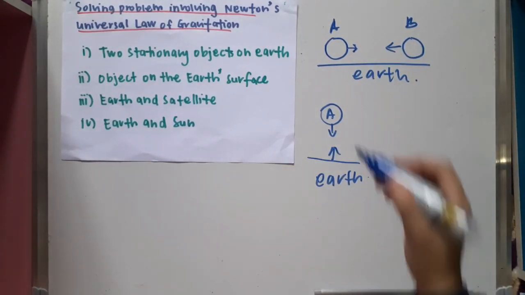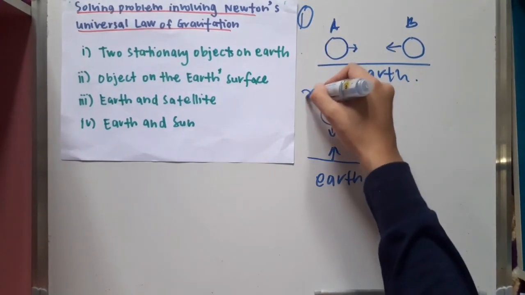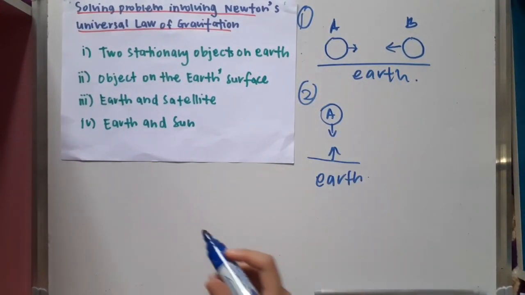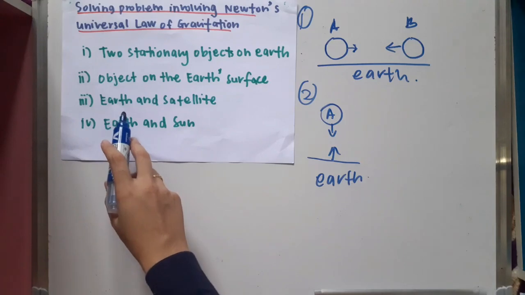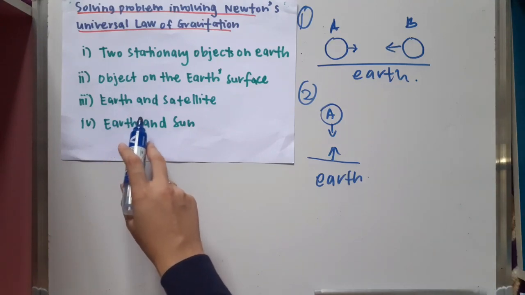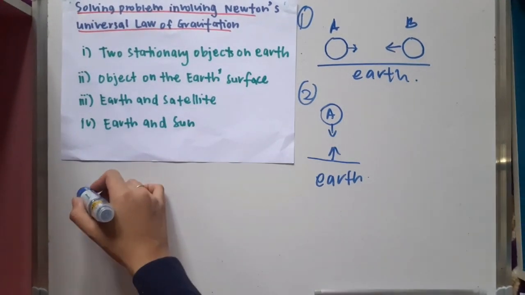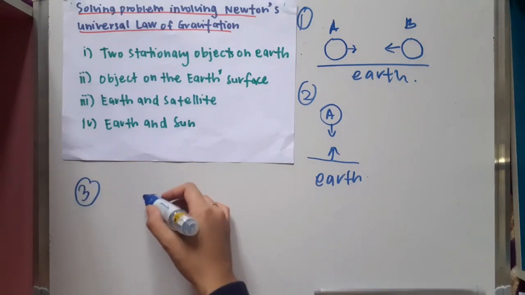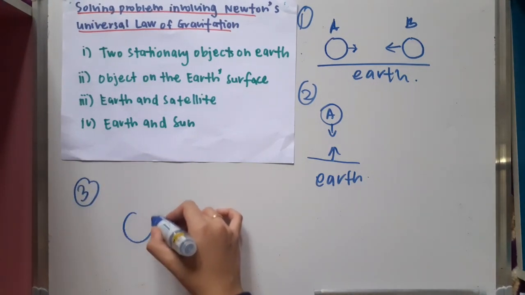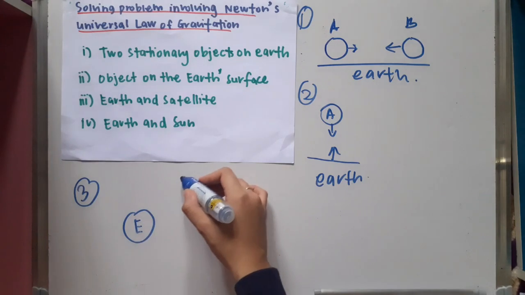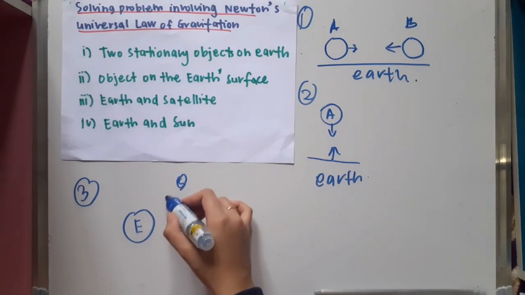This is the first and this is the second one, and the third one is we need to find the gravitational force between Earth and a satellite.